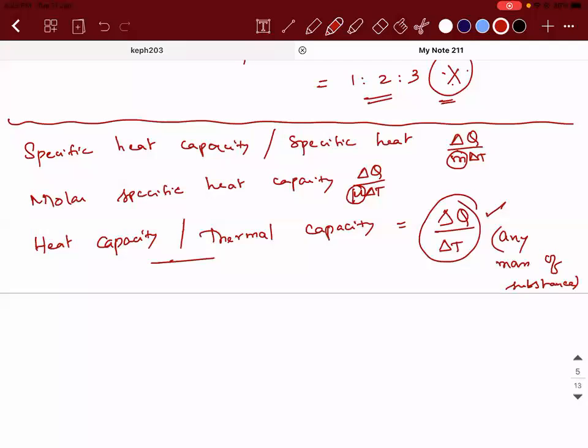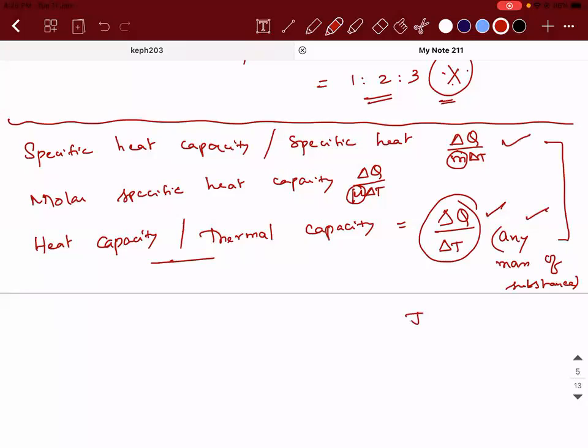Are you able to understand the difference? There is a very slight difference. It's a thin line, right? Here it is unit mass of a substance. This one says the amount of heat required to raise the temperature of any mass of a substance through unit temperature difference. Clear?